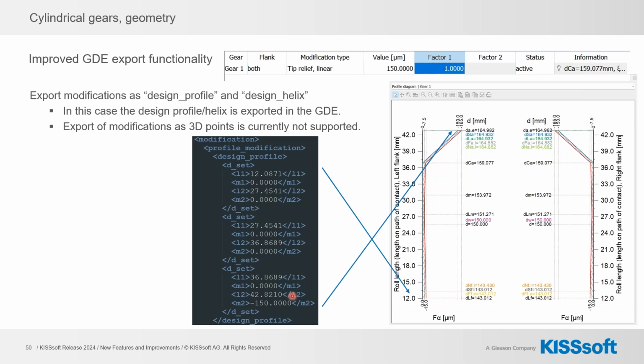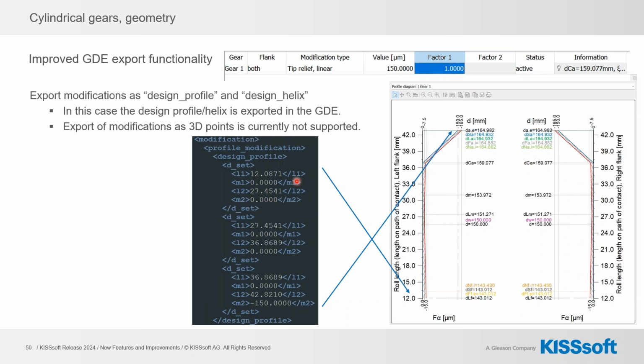And what does that mean? We can see here an example when a modification is exported as a design profile mode. We can see that in the K chart we can find the profile modification starting at that roll length position and heading up to the tip.